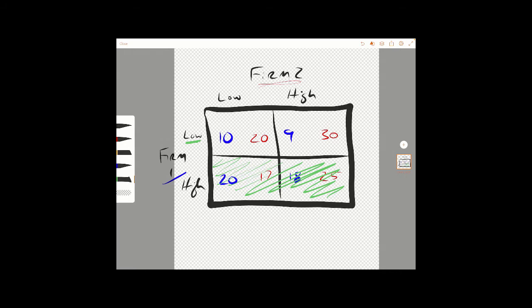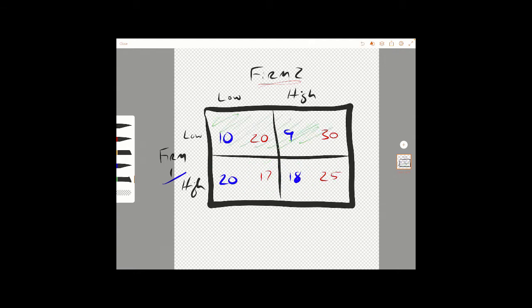Firm 2 looks at the options and says, I could either produce low, which would give me 20, or I could produce high, which would give me 30. I would prefer 30 to 20, so I will choose producing a high output.